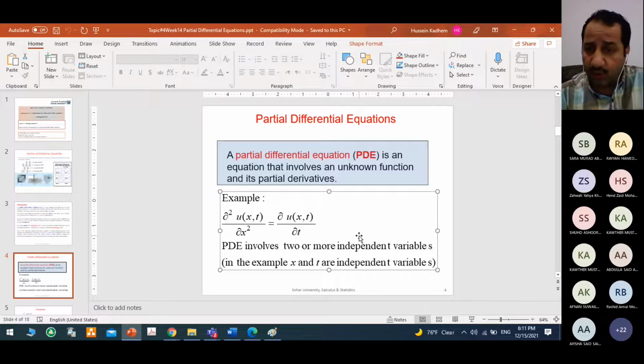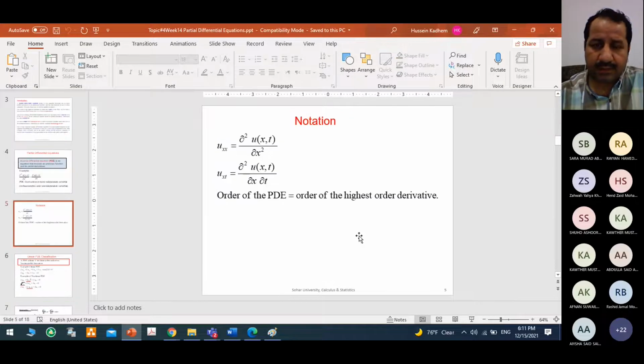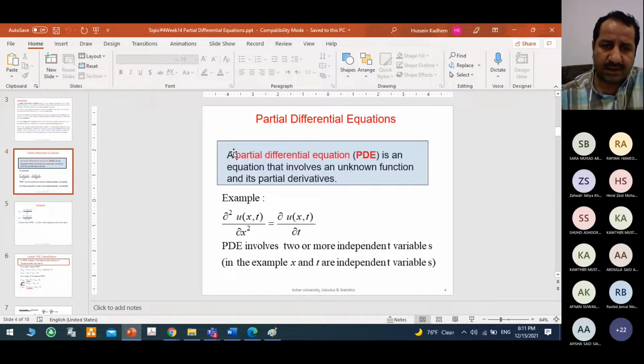By the way, when you partially differentiate u with respect to t, it means keeping x as a constant. Sometimes we use this other notation, rather than the previous notation you see here, where we write partial squared u over partial x squared, partial u over partial t.